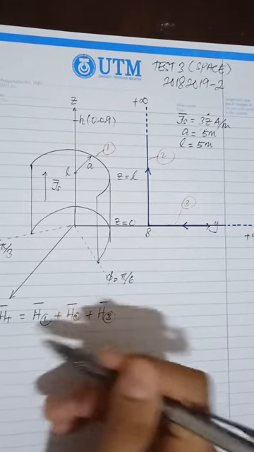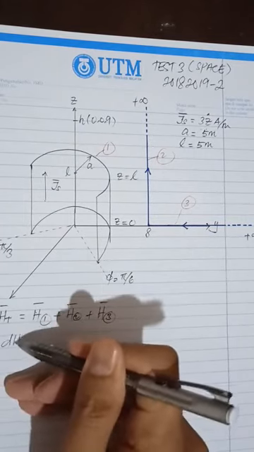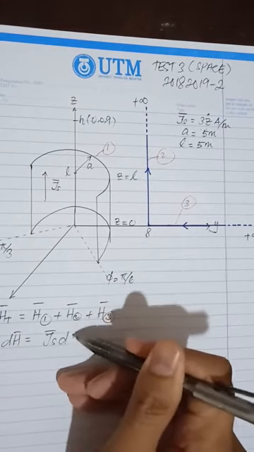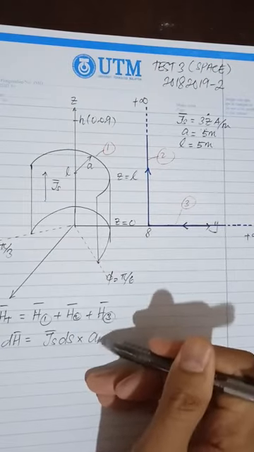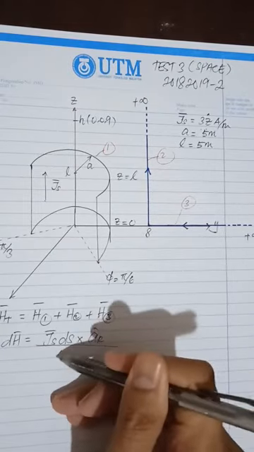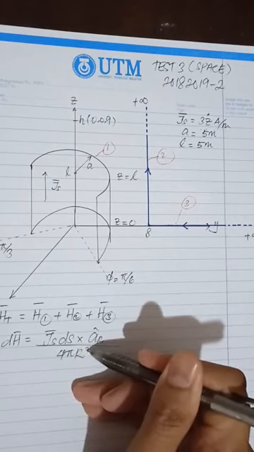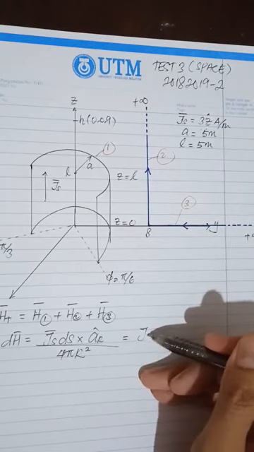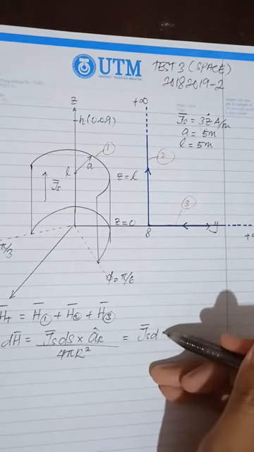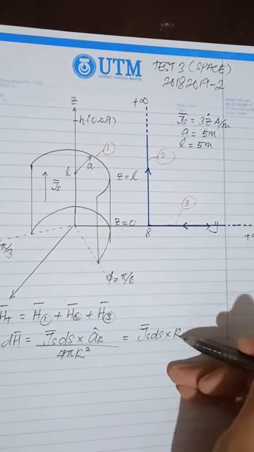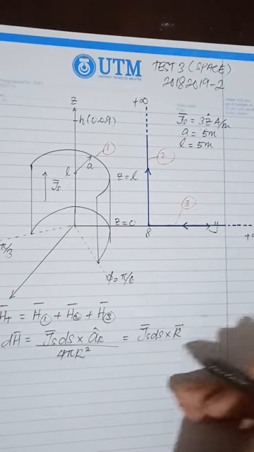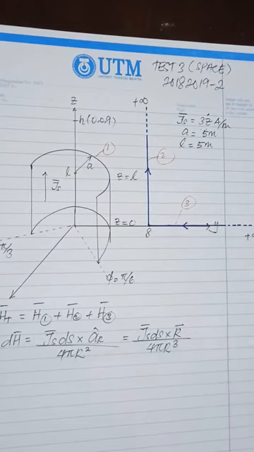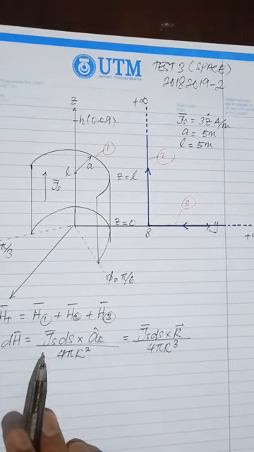From the Biot-Savart law, we have dH equal to Js dS cross the unit vector r over 4 pi R squared, which is equal to Js dS cross the vector R over 4 pi R cubed. So guys, this is our surface current density.